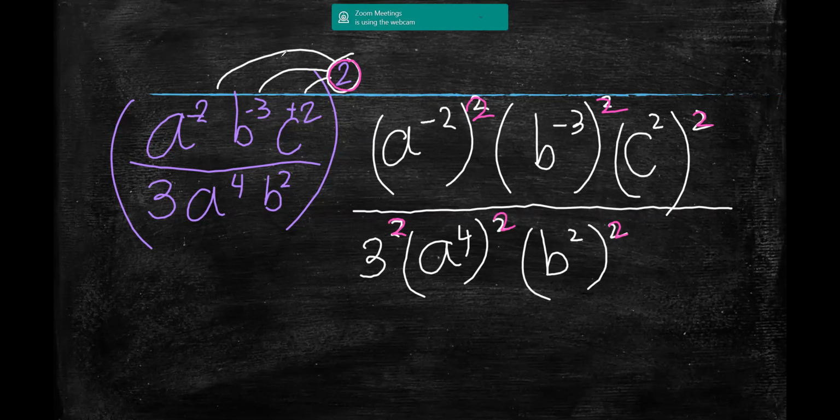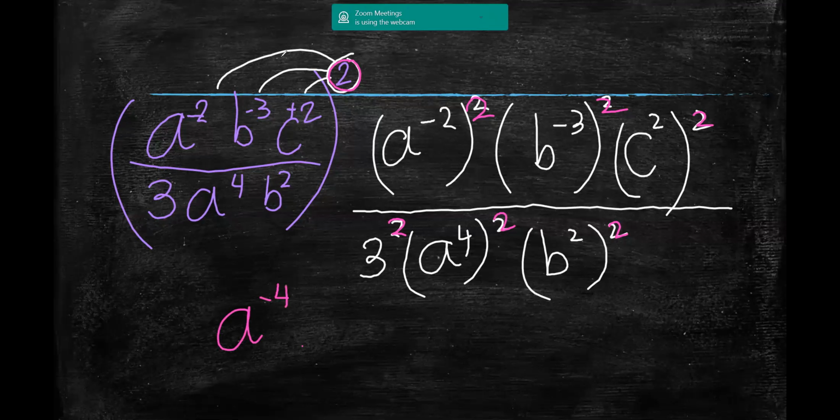Done. Then here we have a to the power negative 2 raised to the power 2. If there's an exponent raised to an exponent, what do I have to do? Multiply them, add them, or subtract? Multiply. So a to the power negative 4.